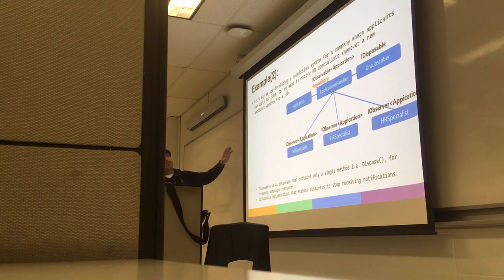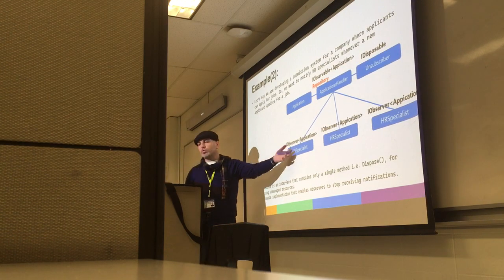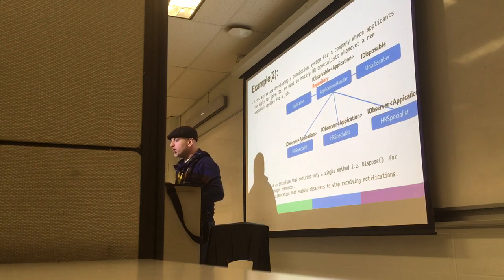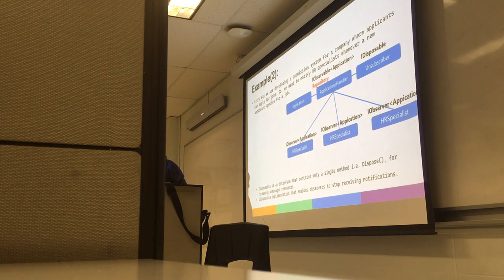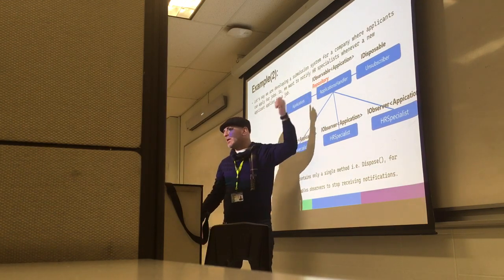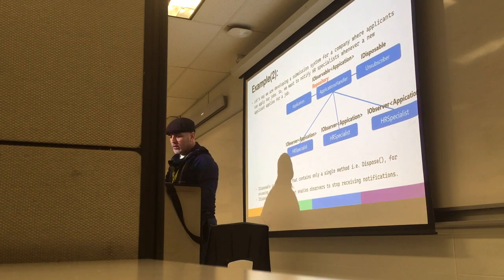Now when I create the HR specialist, I need to implement the methods inside the IObserver. What is the main method inside the IObserver? And inside the IObservable, I have a Subscribe method.